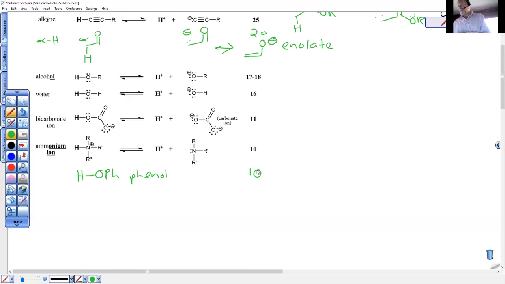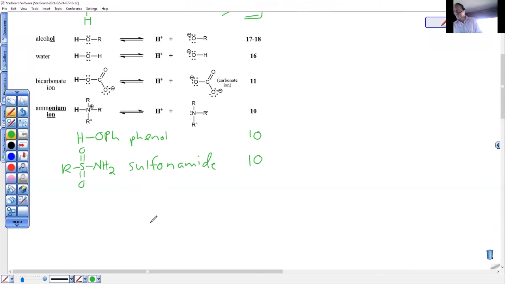And we learned about these new derivatives called sulfonamides. Not sulfonic acid, sulfonamides. Also 10. It's an amide version of sulfonic acid.